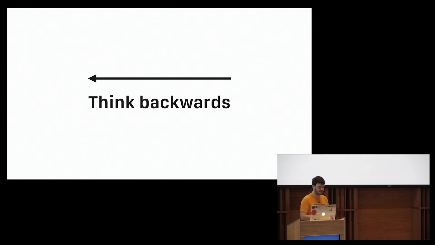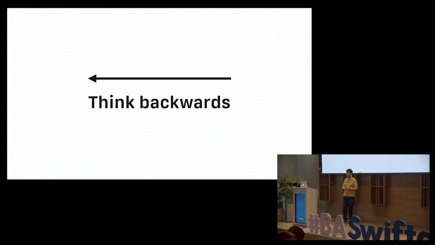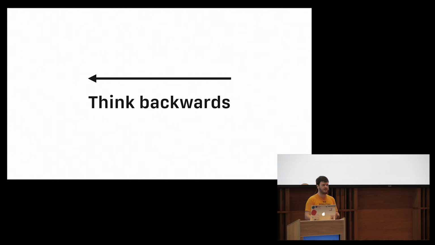Another thing that made me do better animations, I feel like, is thinking backwards. One animation that's very common is a view controller transition. So it's common for you to think about it like this: oh, I want this to fly from here and grow. But the way I like to think about animations is thinking about the end state.